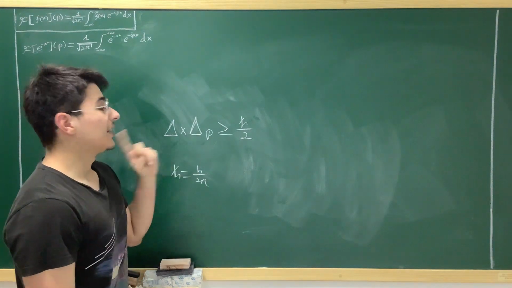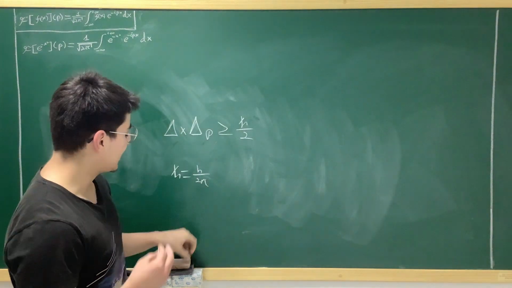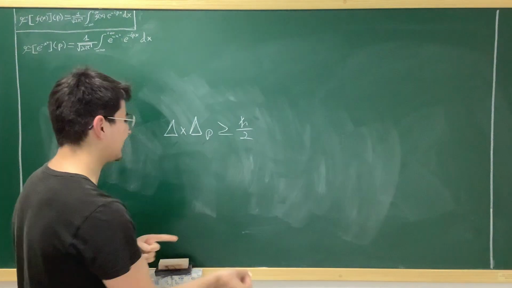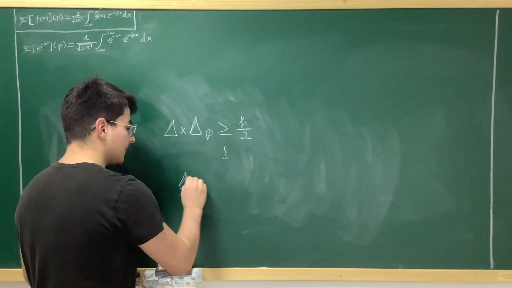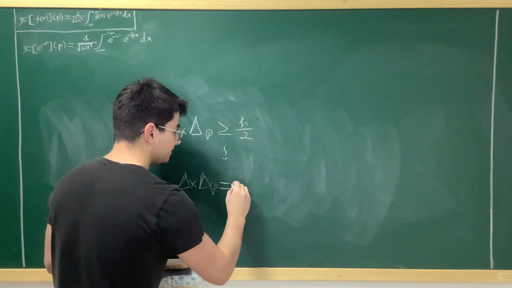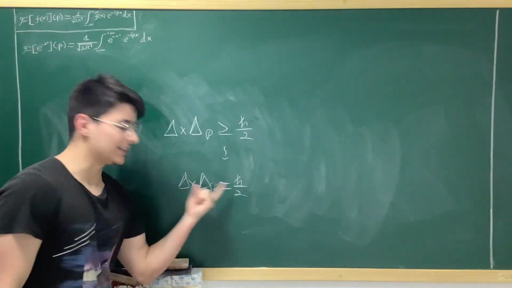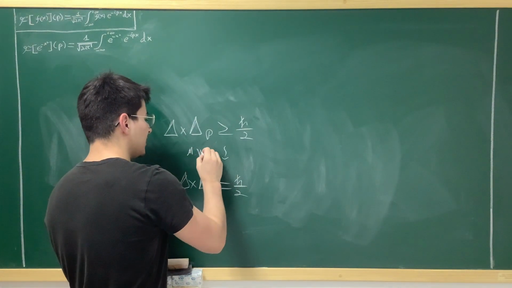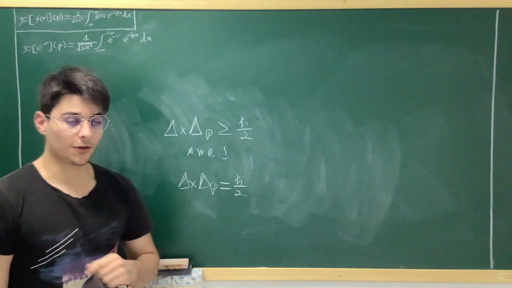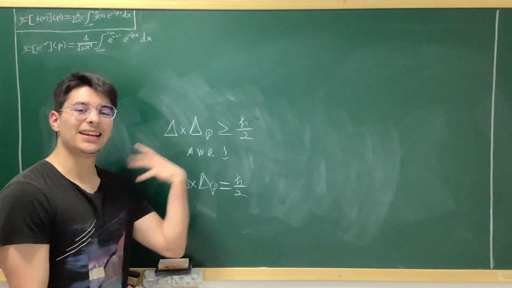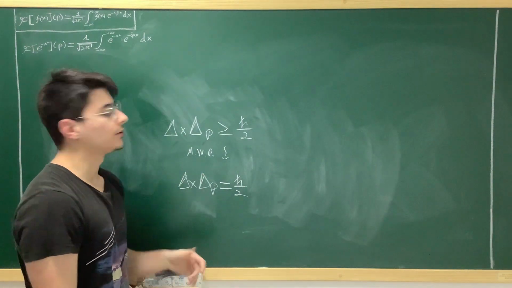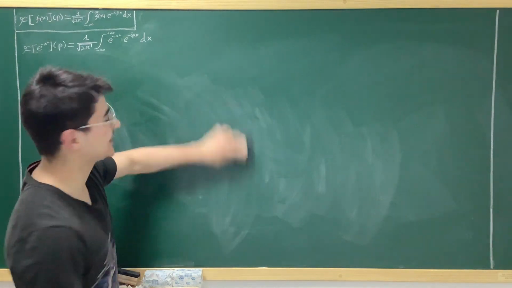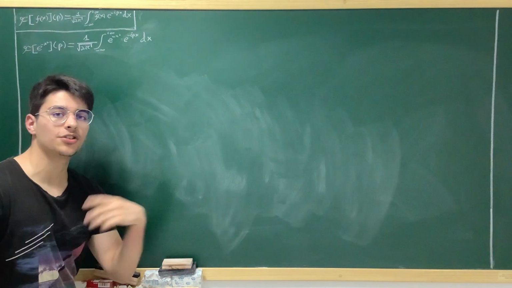The minimum wave packet is a kind of wave function such that instead of this inequality we get the equality. This is what we get with the minimum wave packet. It gives us the lowest uncertainty possible. So that's why it's interesting to know how to take Fourier transforms of these kinds of functions.